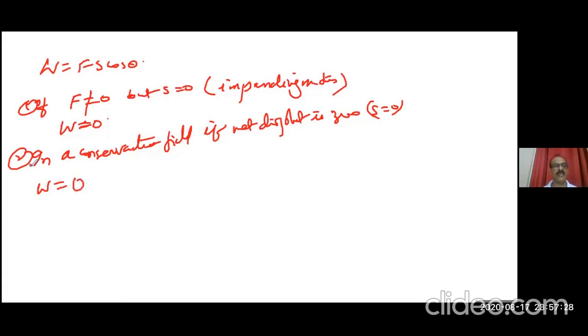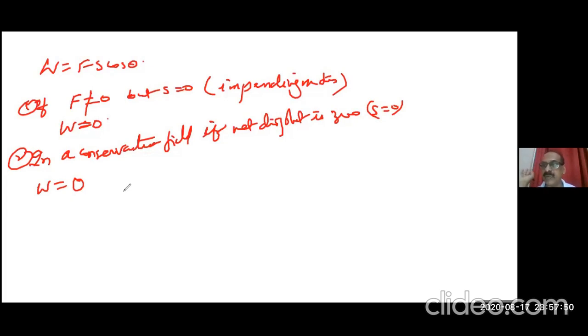So what is a conservative field? In a conservative field, energy is not lost. We have discussed conservative field and non-conservative field. A conservative field is a field where there is no energy loss.